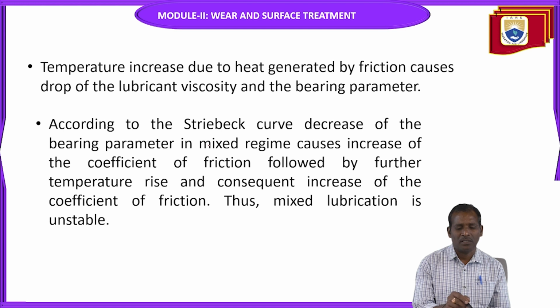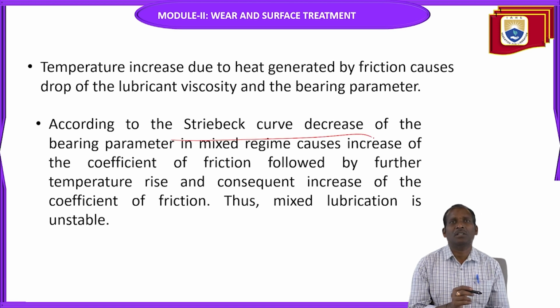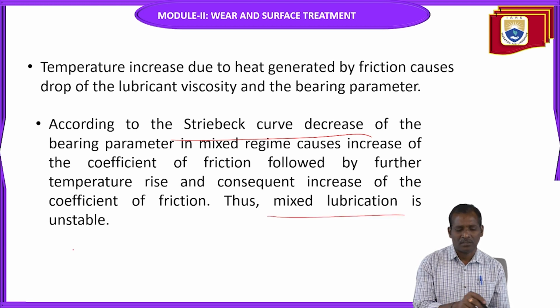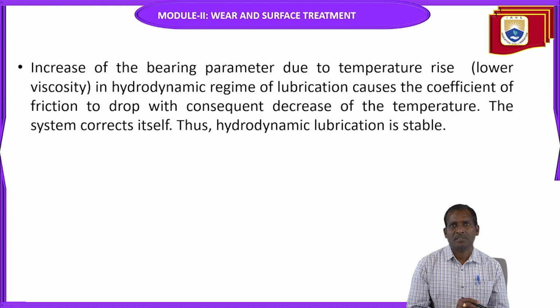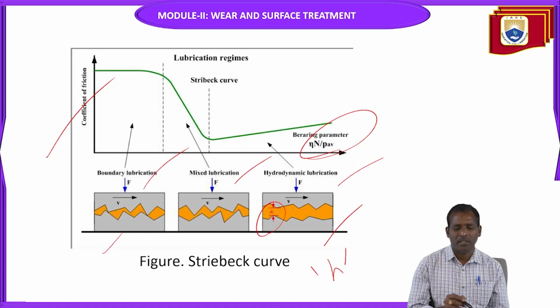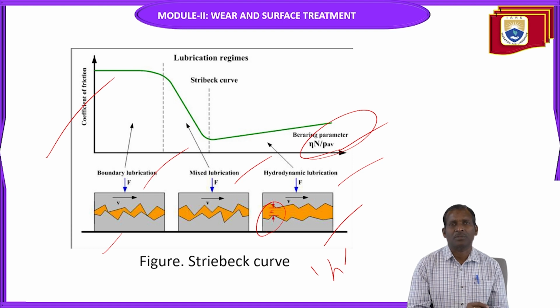According to the Stribeck curve, a decrease of the bearing parameter in the mixed region causes an increase of the coefficient of friction, followed by further temperature rise and a consequent increase of the coefficient of friction. Thus, mixed lubrication is unstable.